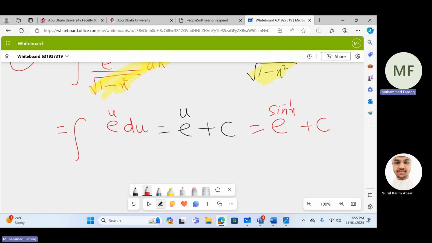So after substitution, the thing becomes clear. You have to decide which technique to use: you may require the formulas, or you can use the simple normal way of integration like that.